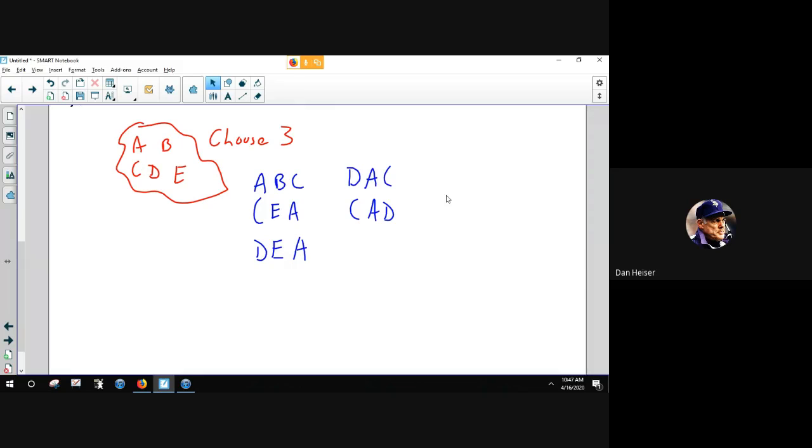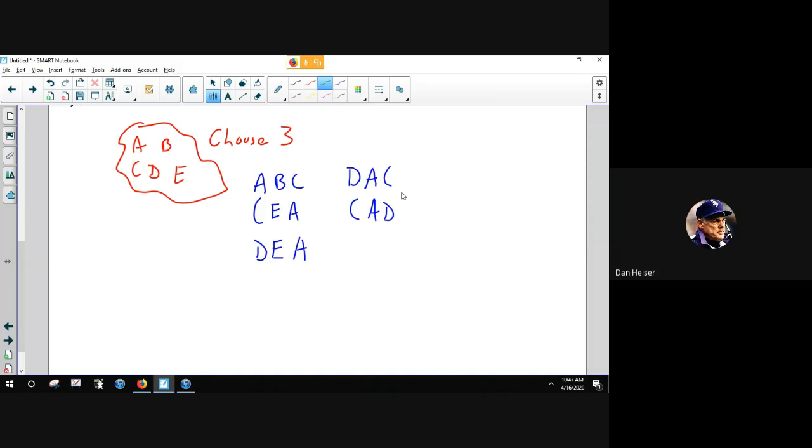These are not all the possible groups, but here's 5 groups of 3. One big question that we have to answer, looking at the 5 groups, ABC, CEA, DEA, DAC, CAD: these 2 groups have the same members.